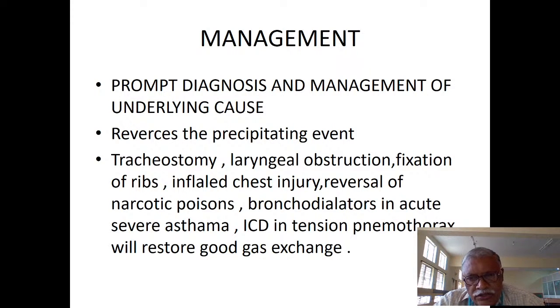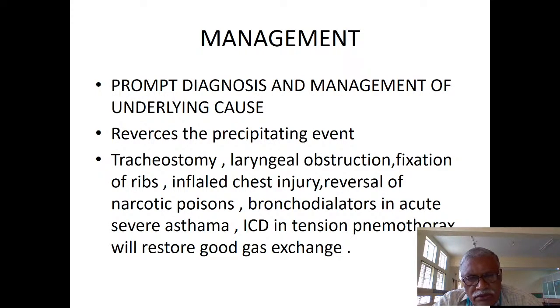Tracheostomy for laryngeal obstruction, fixation of the ribs in flail chest injury, reversal of narcotic poisoning, bronchodilators in acute severe asthma, and ICD in a tension pneumothorax will restore good gas exchange in these individuals.